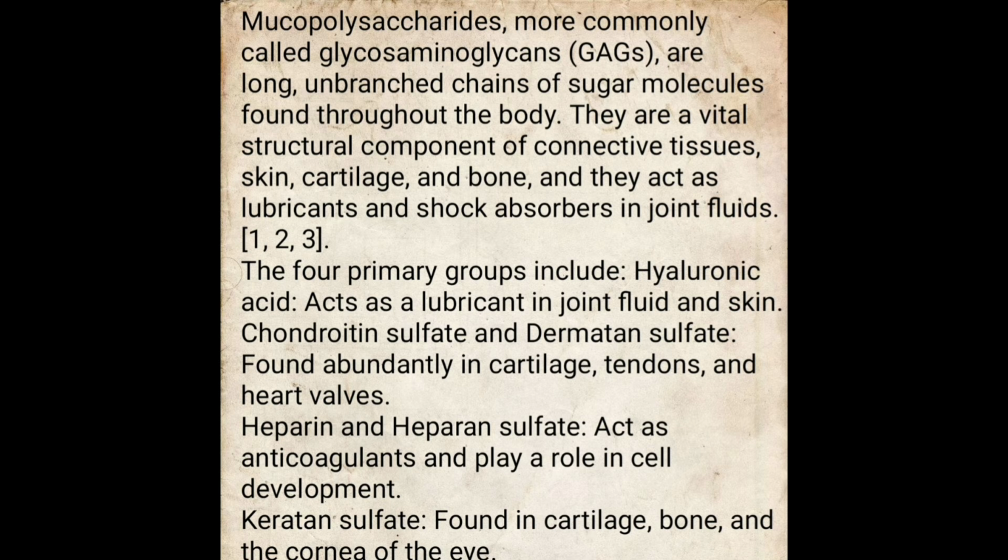The 4 primary groups include hyaluronic acid, which acts as a lubricant in joint fluids and skin; chondroitin sulfate and dermatan sulfate, found abundantly in cartilage, tendon, and heart valves; heparin, which we know is very useful as an anticoagulant and plays a role in cell development; and keratan sulfate, found in cartilage, bone, and the cornea of the eye.